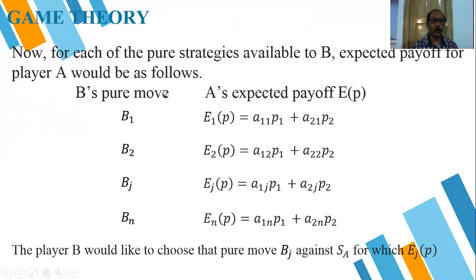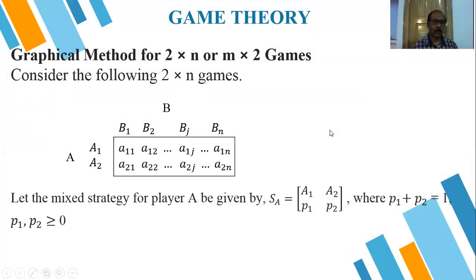When B makes the pure move, choosing the course of action B1, the expected gain of player A, denoted by E1(P), is given by the elements in the column, A11 and A21. That means A11 P1 plus A21 P2. When B selects B2, it is A12 P1 plus A22 P2.